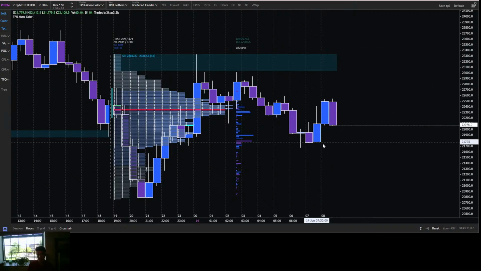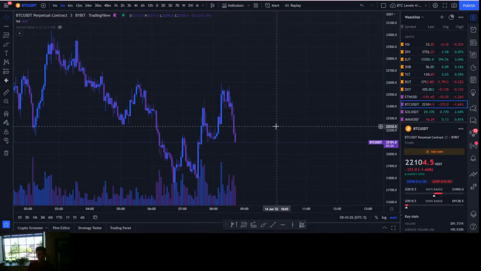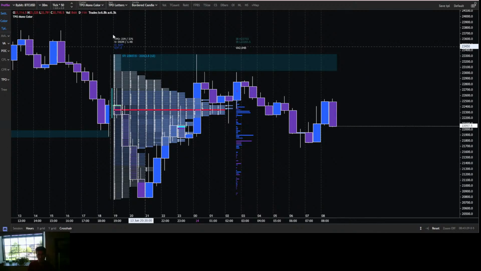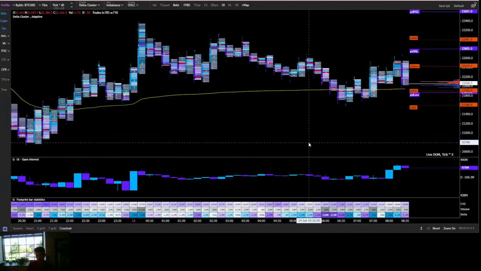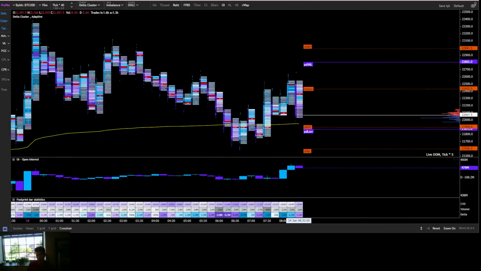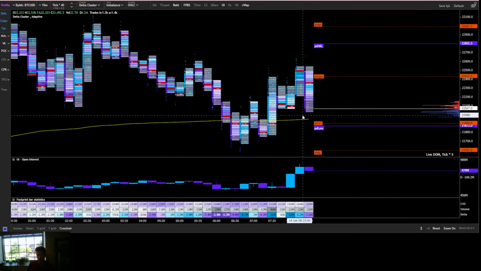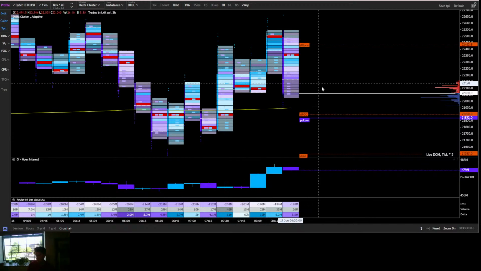That added more pressure towards the downside. So it could be a possibility that we drop down today. For right now, this is bearish up until I'd say 9 o'clock, but don't quote me on that.